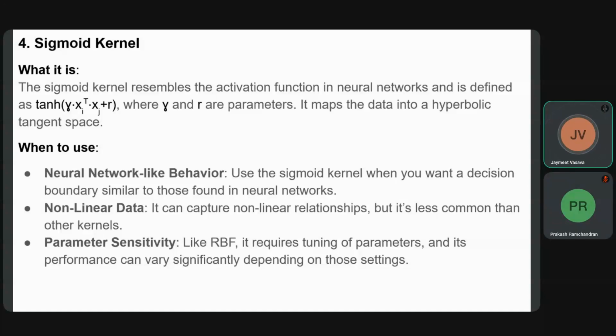Mathematically, it is tanh of gamma times the dot product of xi and xj, plus r. The transpose xi^T is there for the matrix multiplication, basically turning them into a scalar quantity.